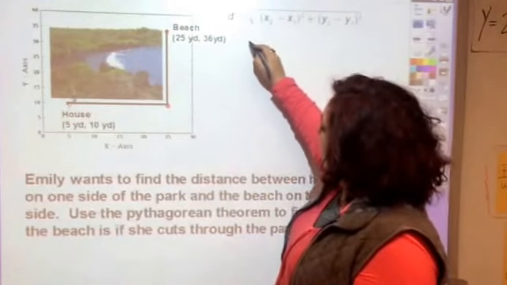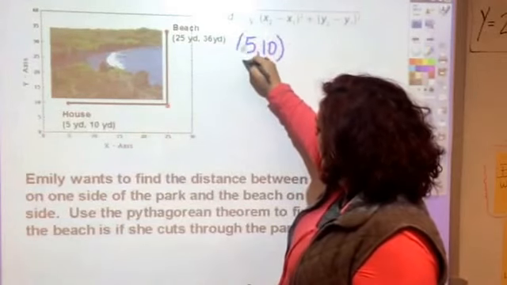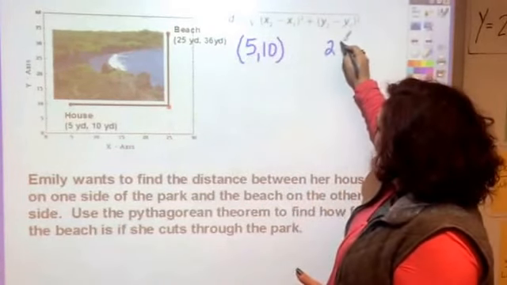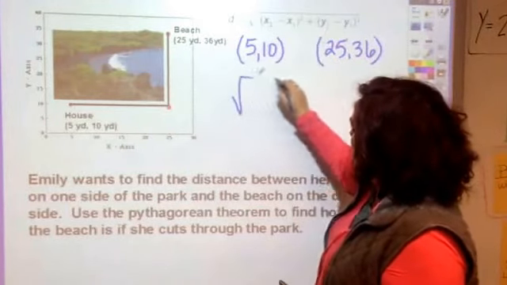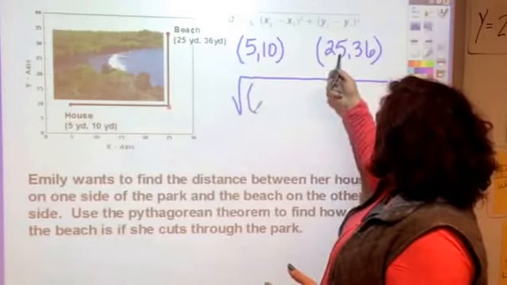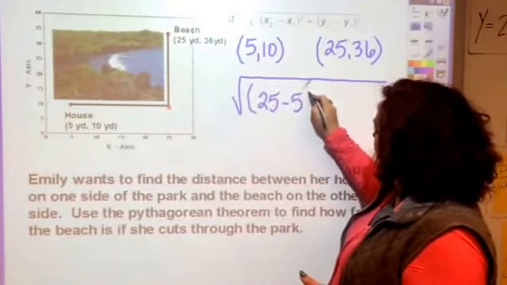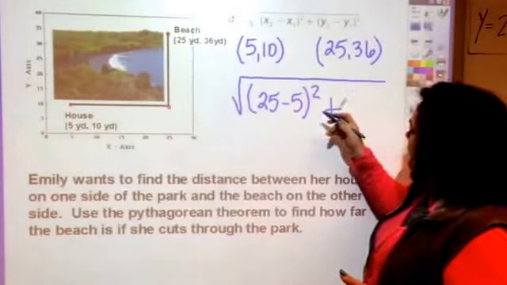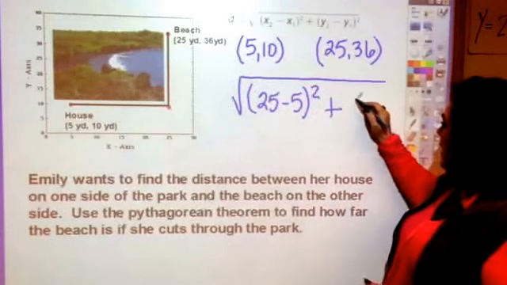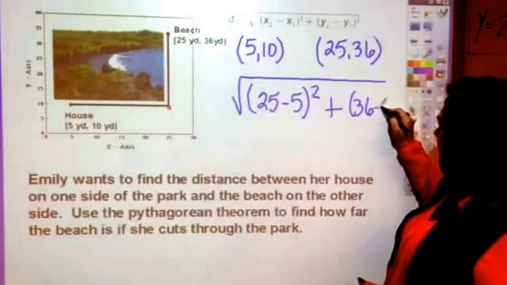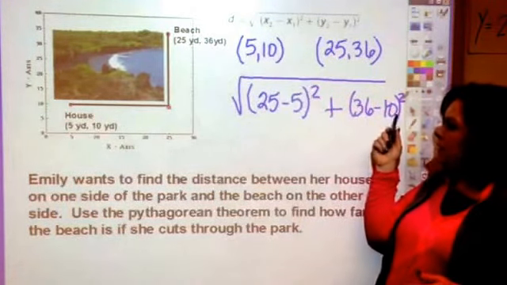So our points are 5, 10, and 25, 36. So we want the square root of x2 minus x1 squared, plus y2 minus y1 squared.